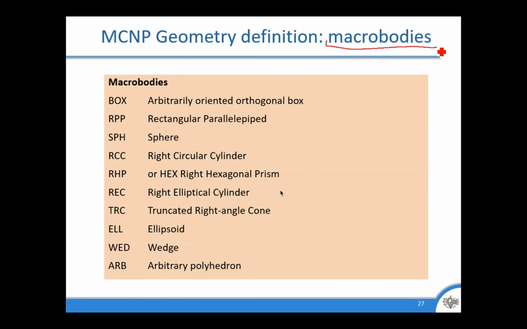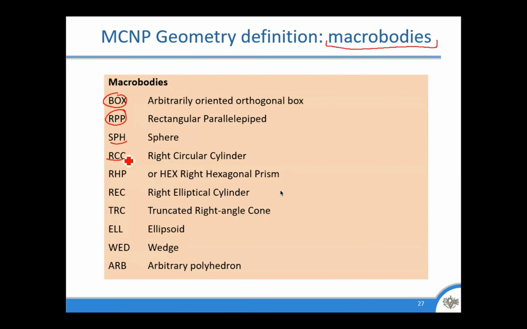So, macro bodies, in fact, when you look at the different volumes you generally use in MCNP, it's always the same. You create a box or rectangular parallelepiped. You create a sphere or cylinder.